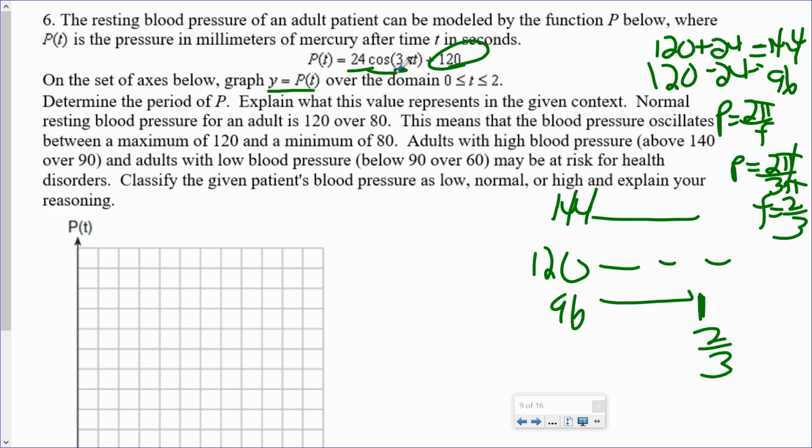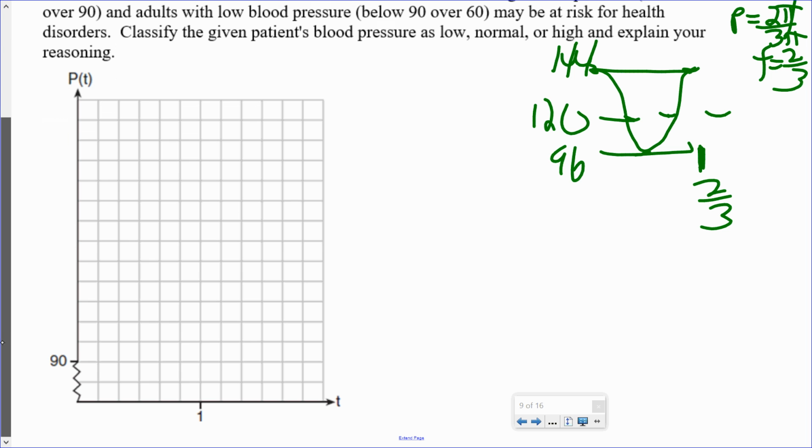It's a positive cosine, so it starts at the max. And I have my little sketch. So here's the little twist. It's giving you a scale. So I can't just put 4 dashes and put my 2/3 at the end of the 4th dash.